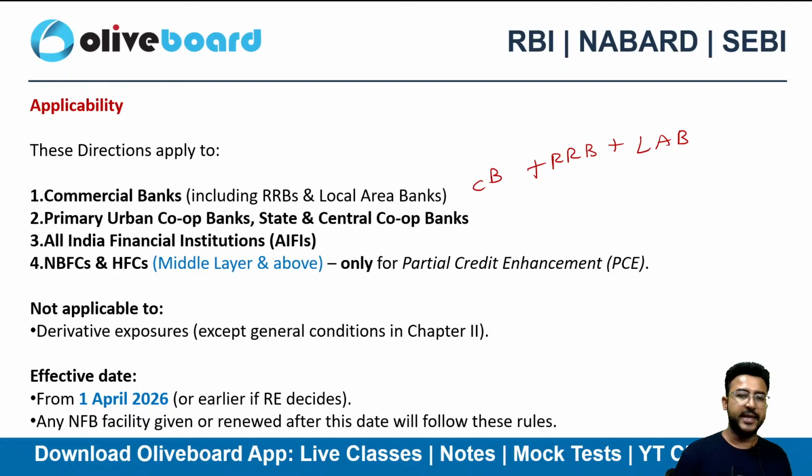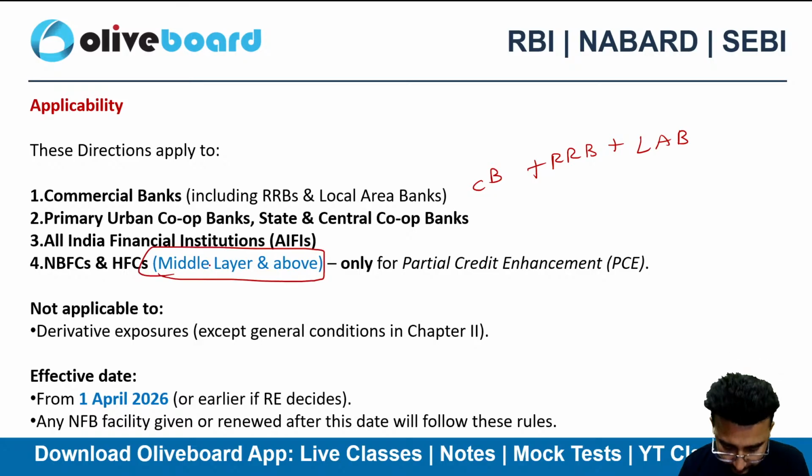Here it is commercial banks plus RRB plus LAB. Primary urban cooperative banks and central state urban cooperative banks are also included. All India financial institutions are also there, right? NBFCs and HFCs, but of middle layer and above, not of lower level, right?